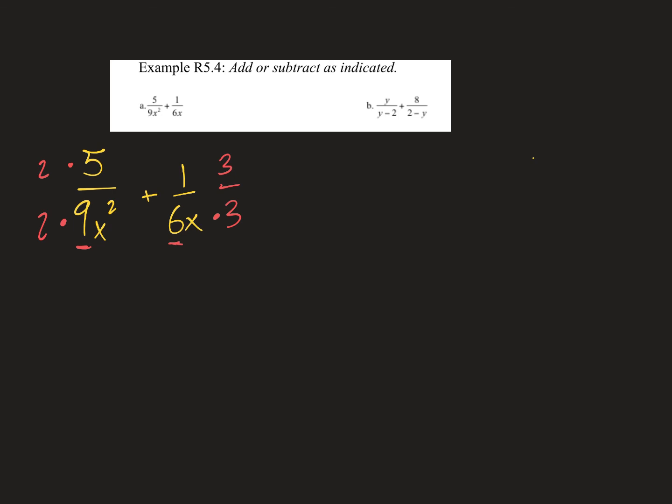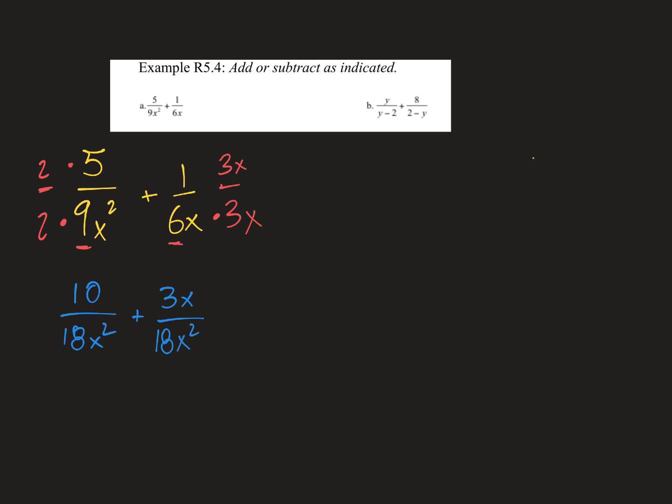Now, we also need to get the variable pieces to match. So notice that I've got x squared here with 9. And so we can get that to match by multiplying an x on the right-hand side as well. So let's see what we get once we have made these denominators common. So 2 times 5 makes 10 over 2 times 9, x squared makes 18x squared plus 3x over 18x squared.